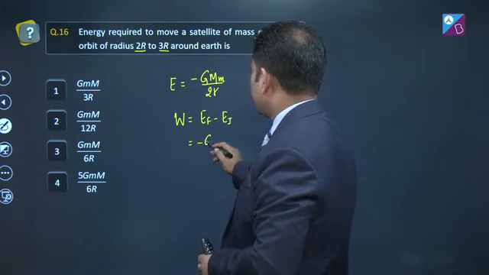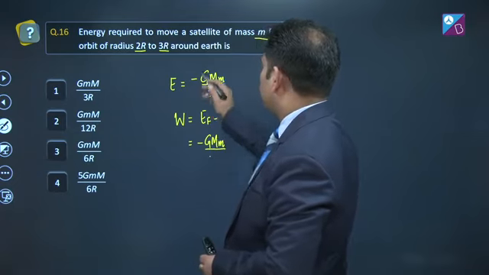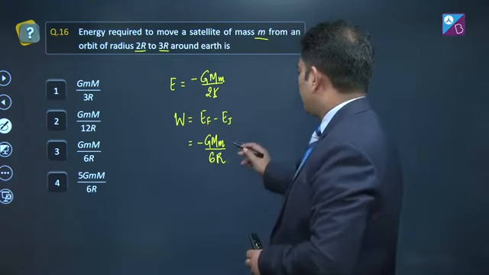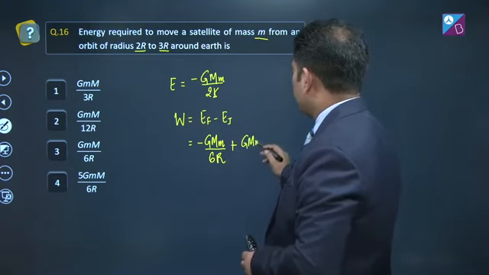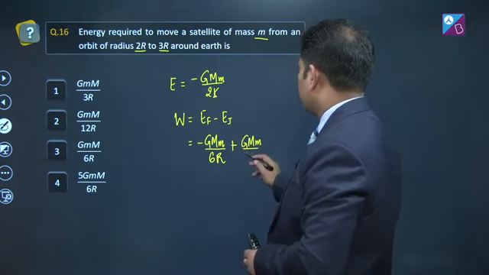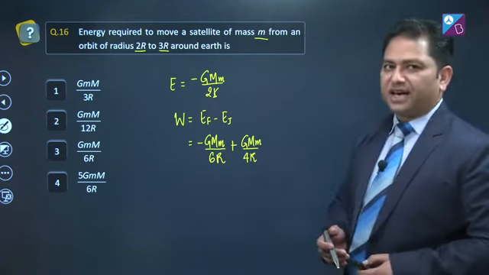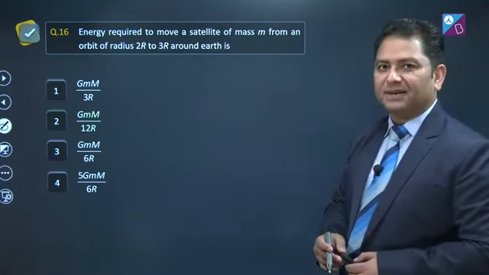In the final, minus GMm divided by twice of small r, in place of r you put 3r, so 6r, and then minus of minus will become plus GMm by twice of 2r, that will be 4r. Just a straightforward thing, this much of subtraction, such a simple case. Option number 2 will be correct.